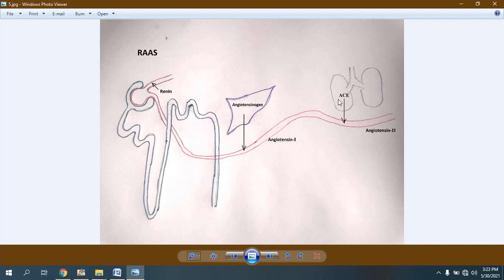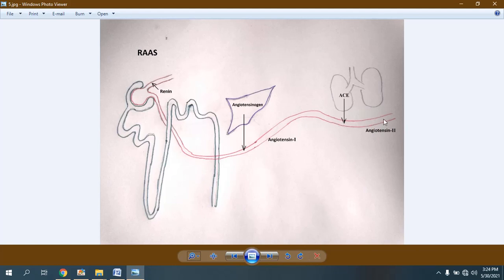Some ACE is also present in the endothelial cells of the kidney, but a large amount is present in the lungs. So angiotensin 1 combines with the ACE and is converted to angiotensin 2, which is the active form, having a vital role in the RAS system.